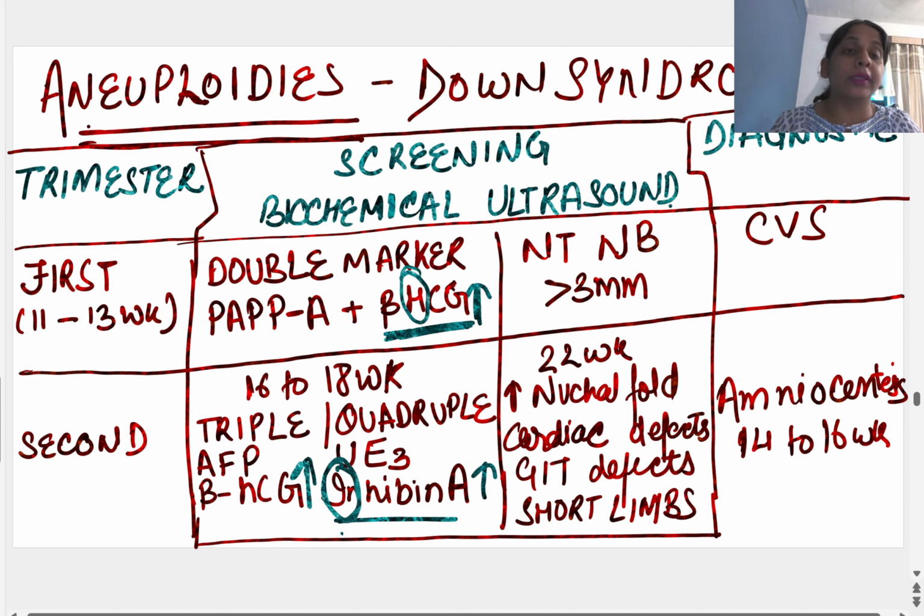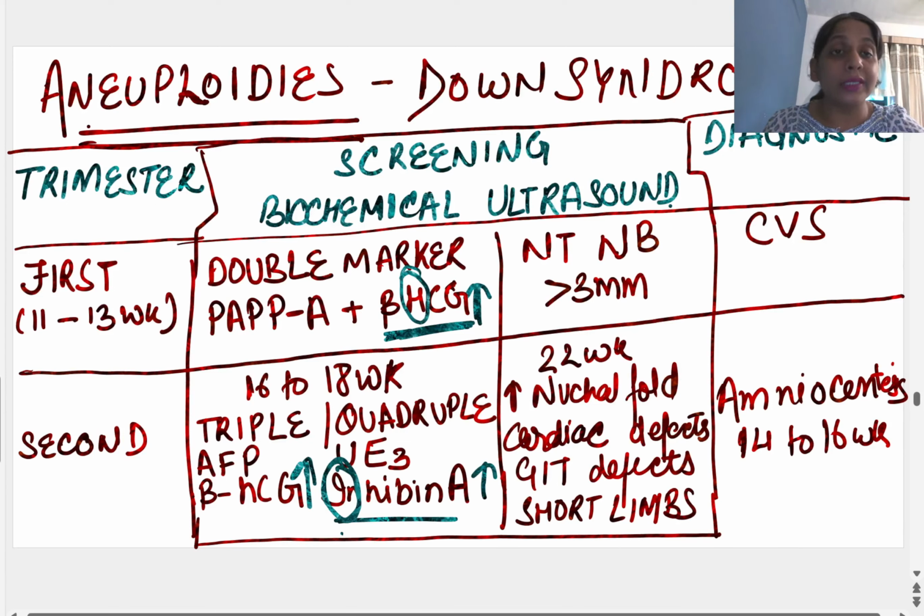Cardiac defects, endocardial cushion defects, cardiogenic focus, we see increased nuchal fold, then short limbs, and we get GIT defects, duodenal atresia, diaphragmatic hernia. So mainly there is increased nuchal fold thickness in the second trimester ultrasound, cardiac defects, GIT defects, and short limbs. These are the parameters we see on the ultrasound for screening Down syndrome.